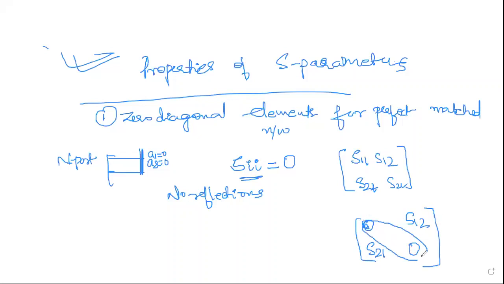So for a perfectly matched network, the diagonal elements of the S matrix are 0, which is the first property. Is that clear?